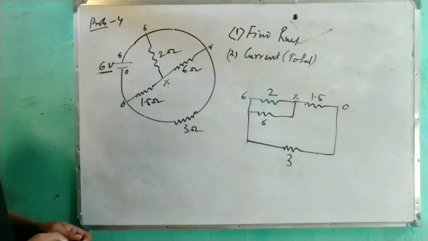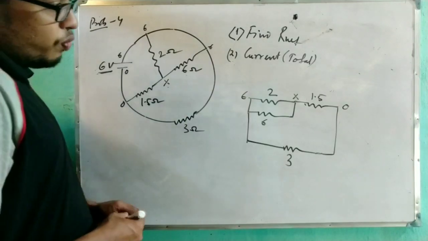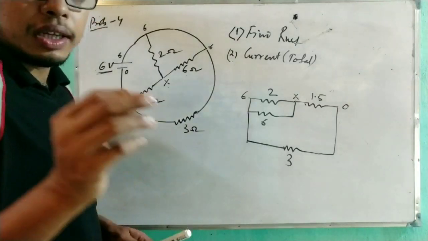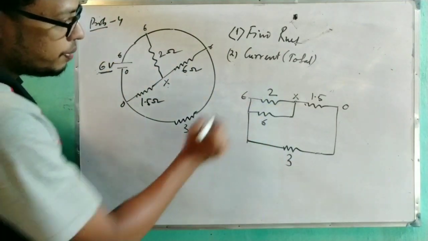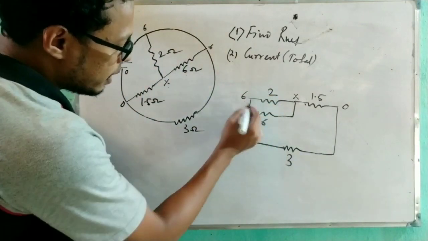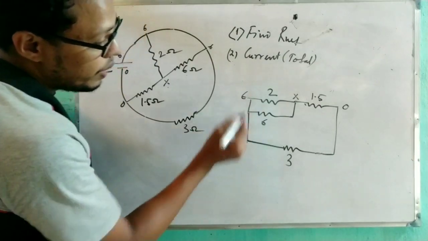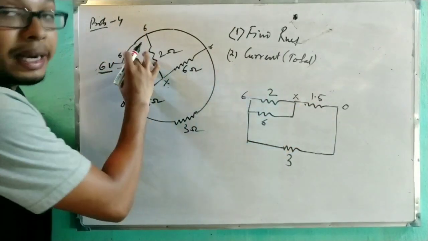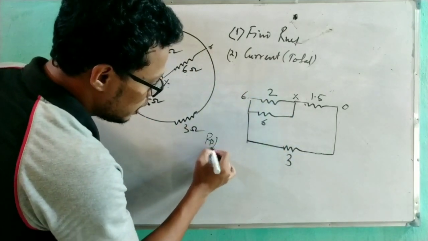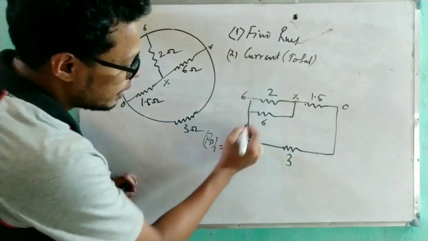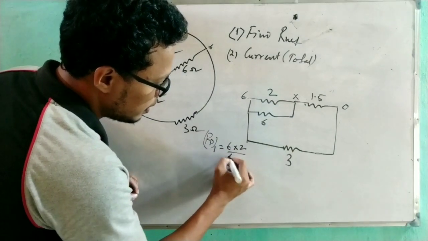Now see, to find the equivalent resistance, these two are parallel. These two are parallel means we need to find in between 6 and 0 because the battery is connected over here. So RP1 I can find 6 into 2 divided by 6 plus 2.